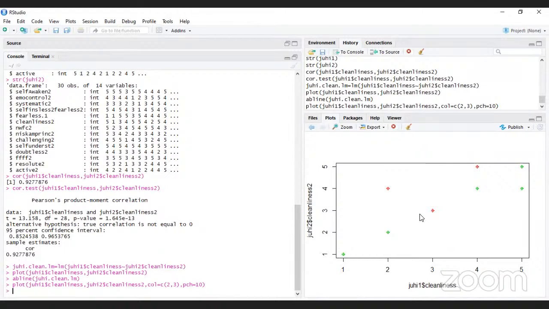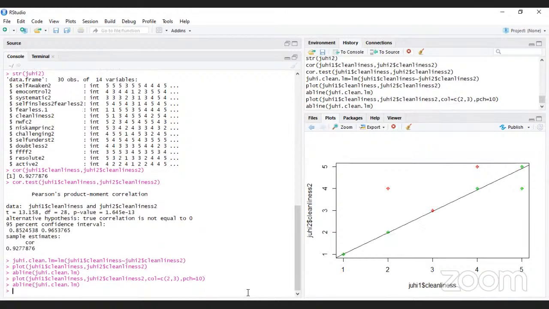Okay, so you will find the sum of the items. Some green items are there. So cleanliness 1 and cleanliness 2. So if I write abline, okay, you will find that the correlation is very high.